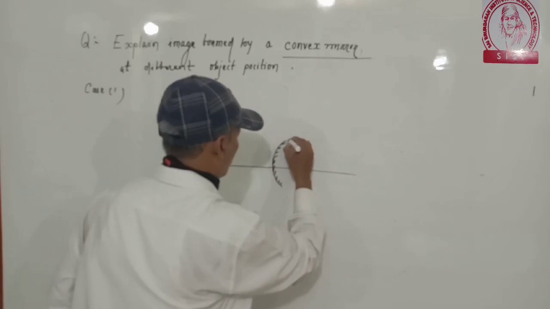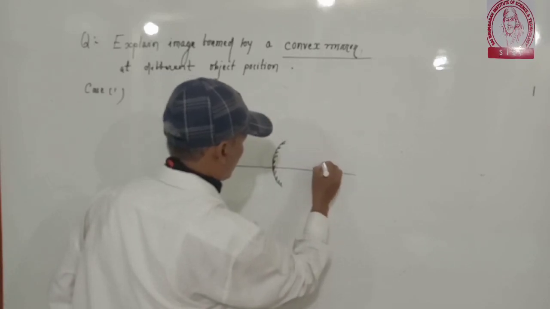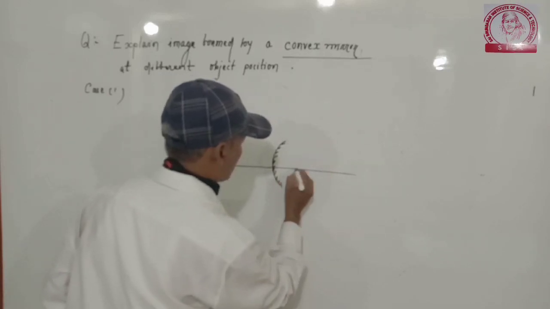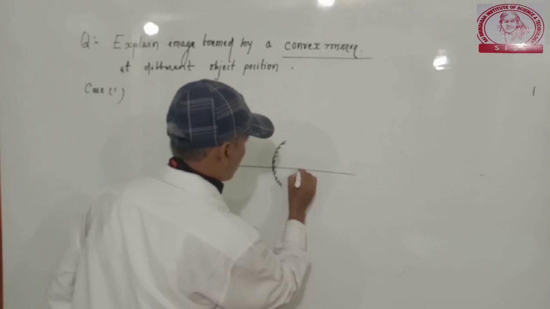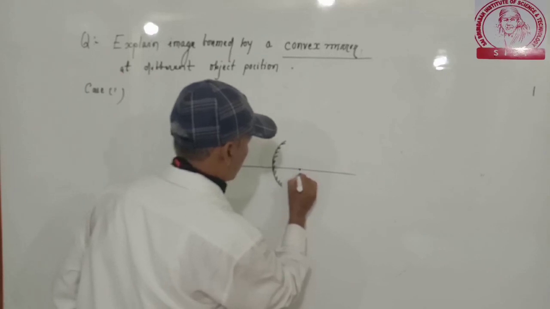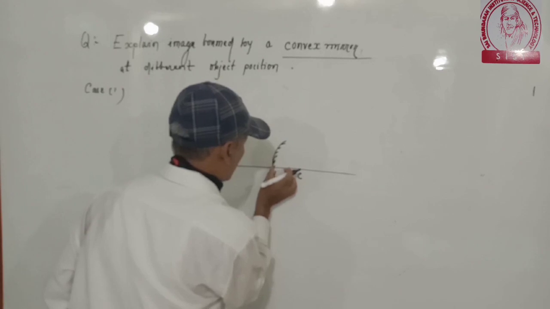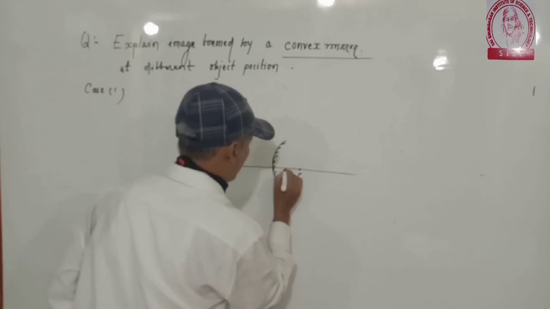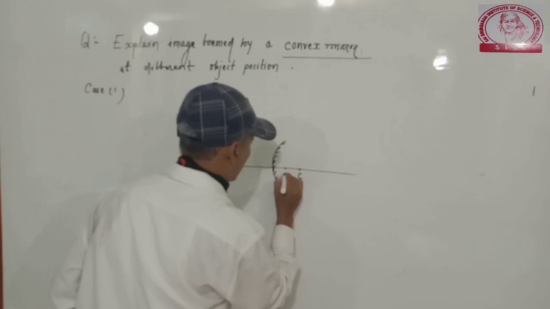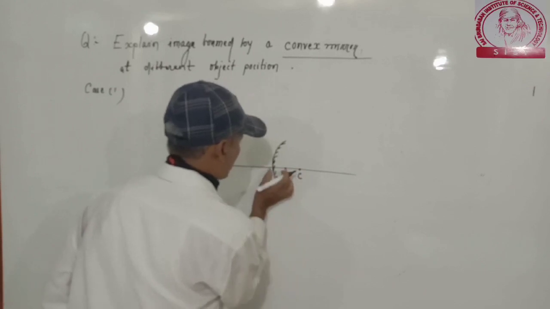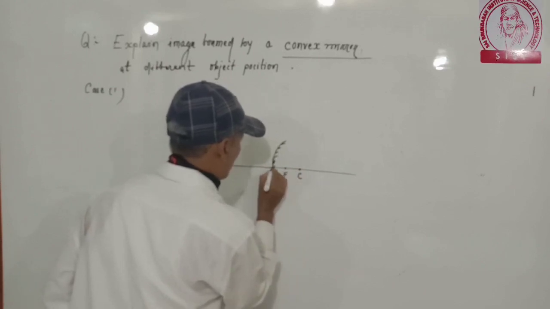You see, it is curved like this. So now the center is here. This is the center of curvature. We divide it into two parts. This is the focus, this is the focal length. This is the pole.